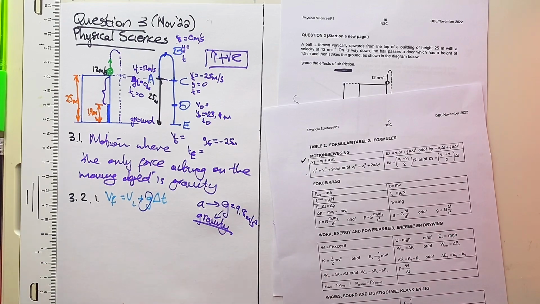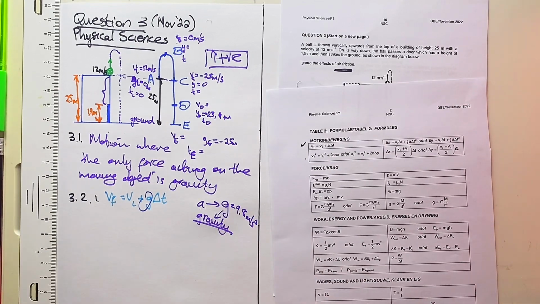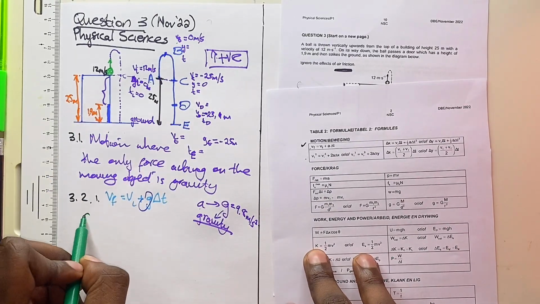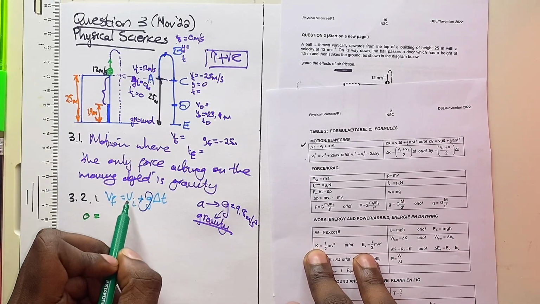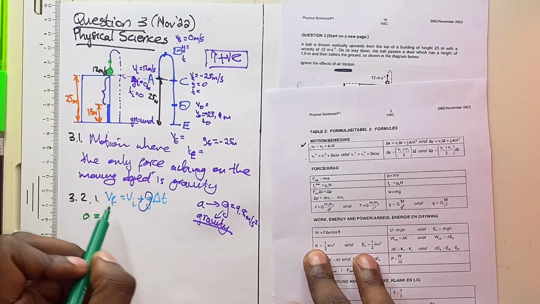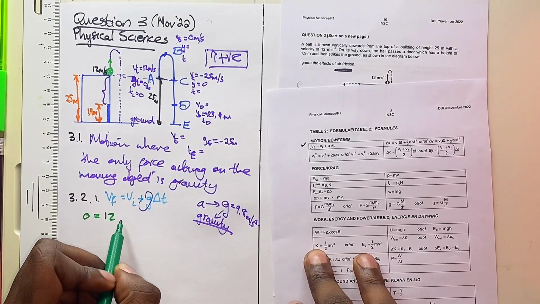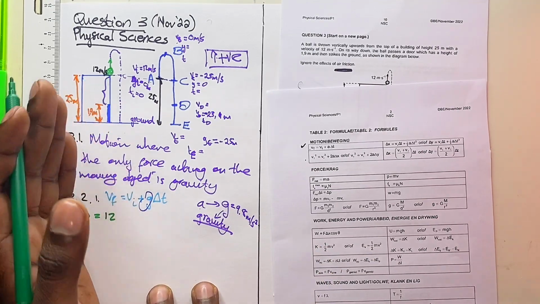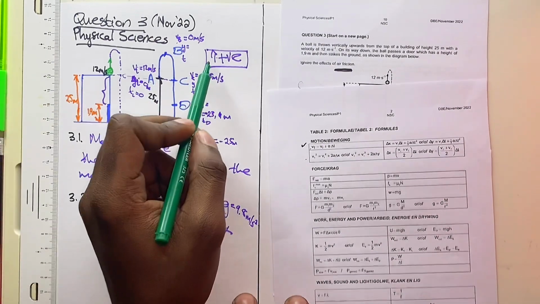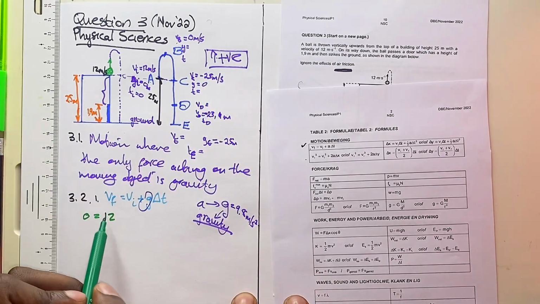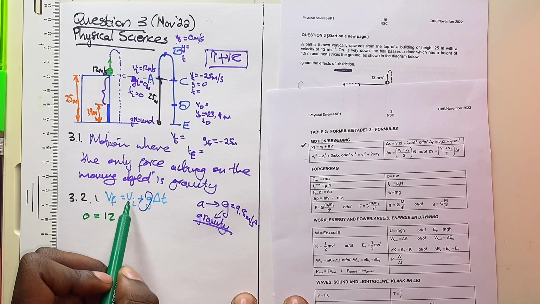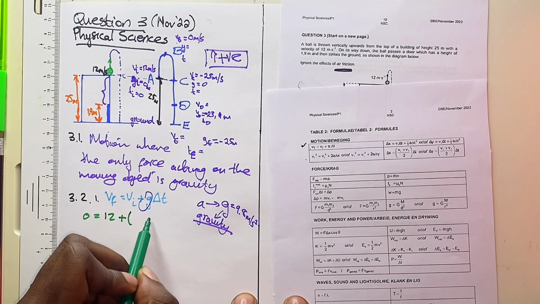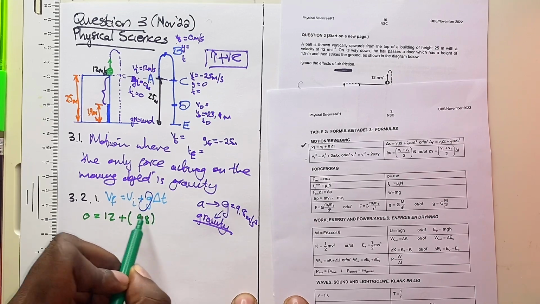Now let's substitute in our equation. Vf, we said that it is 0 meters per second, equal to Vi, which is our initial velocity, equal to 12 meters per second. It's positive 12 because initially it is moving upwards, and we say that up is positive. So we substitute a positive 12 as the initial velocity, plus g. g is 9.8.